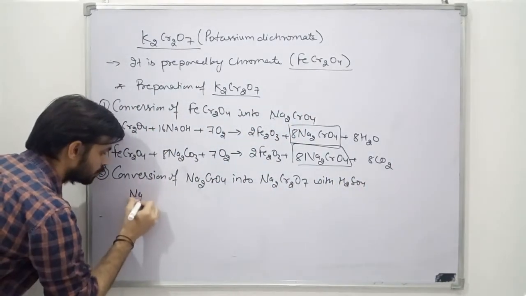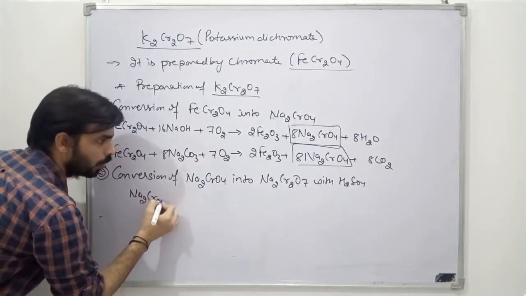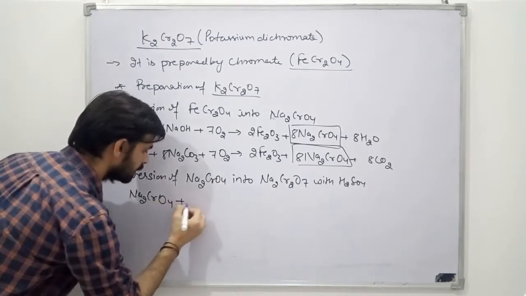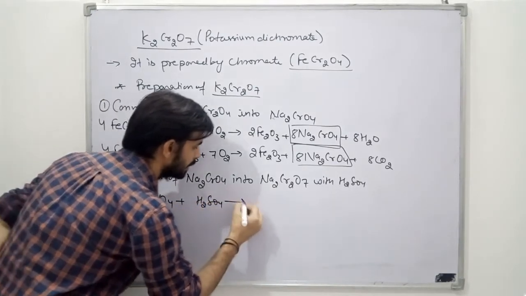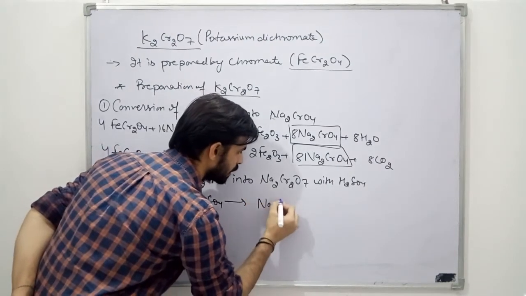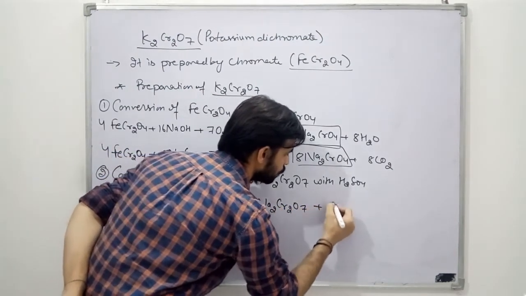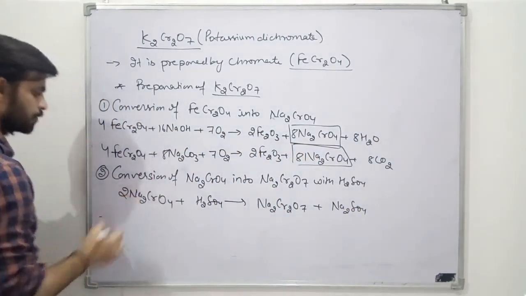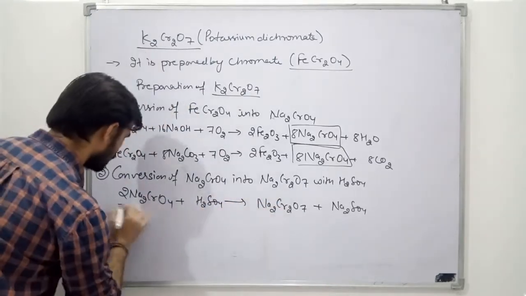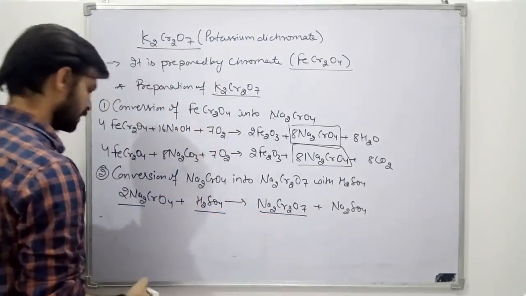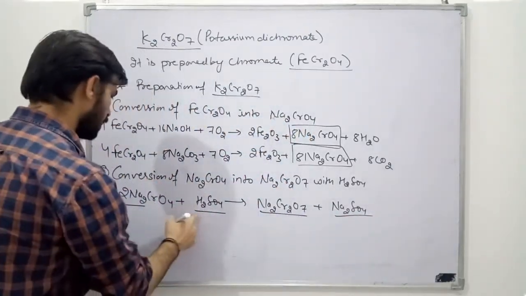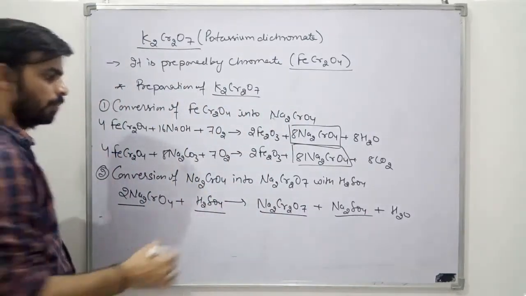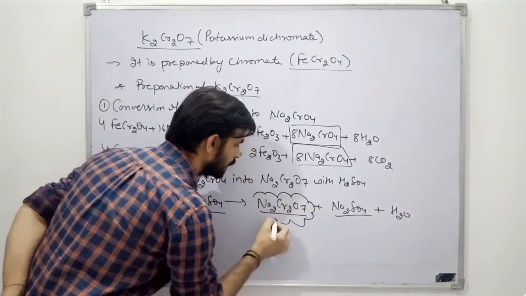Na2CrO4 chromate is treated with sulfuric acid and it is converted into sodium dichromate and sodium sulfate. Here we have 4 sodium, so use 4 and every element is balanced except H2O. Now we have sodium dichromate.